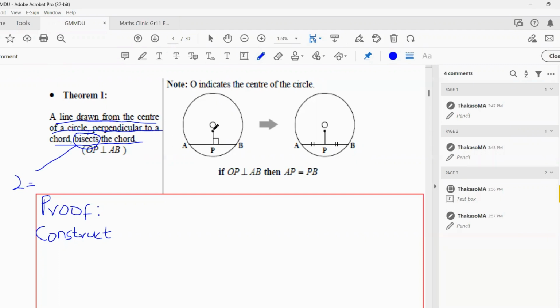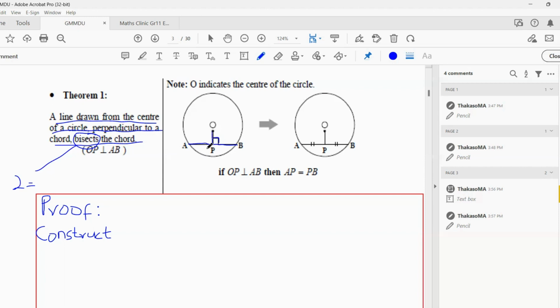You will see in this circle here, we have a chord AB, then there's a line OP. This line is from the center to the chord. You'll see that there's a 90-degree angle there. That means we are told that OP is perpendicular to AB.